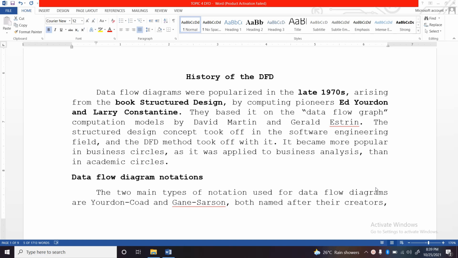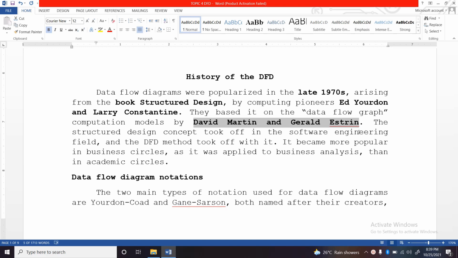Basically, they based it on the data flow graph computation models made by David Martin and Gerald Estrin. The structured design concept took off in the software engineering field, and the data flow diagram method took off with it. It became more popular in business circles, as it was applied to business analysis, than in academic circles.